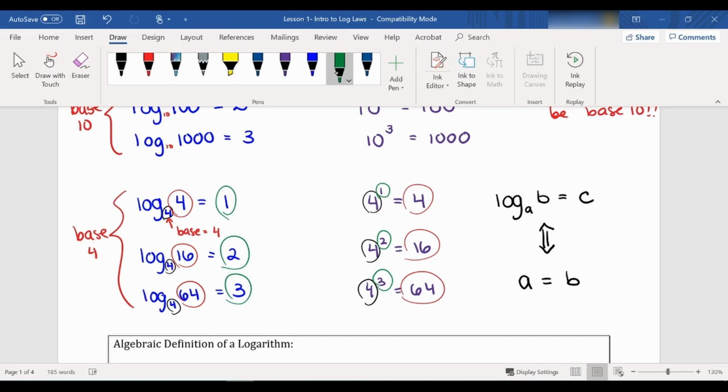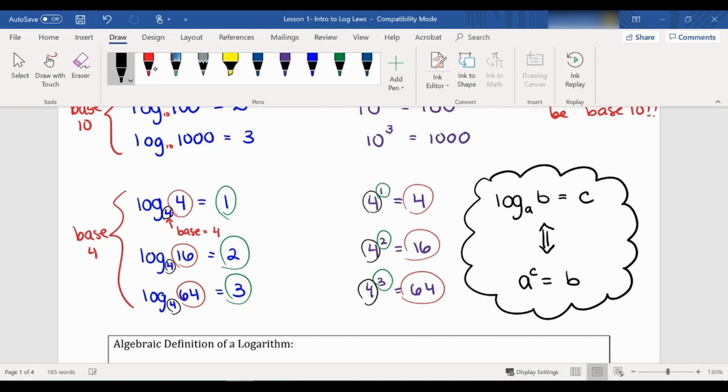So that would be in the black stuff over there, log base a of b is equal to c. C is the exponent in the exponential form. Oh, let's make that the same color. So these two things are equivalent. So we can convert back and forth between these two forms easily.